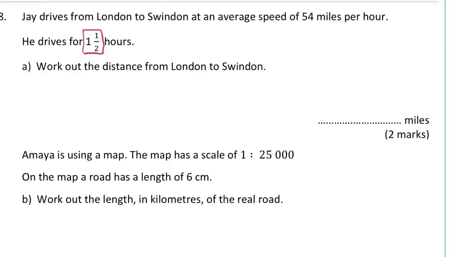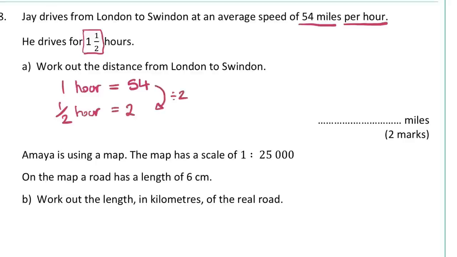It says here he drives 54 miles per hour. So in the 1 hour, bearing in mind he does an hour and a half in total, but in the 1 hour he does 54 miles, because he does 54 miles per hour. The half an hour, which is half of that, he would do half of 54.